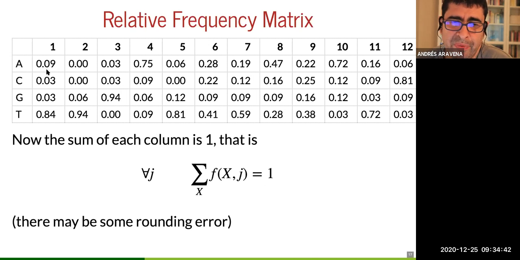If you do it manually, it may not work because you may have some rounding error. For example, here you have 84 plus 3 plus 3 is 90, and this is 99. There is some rounding error here in the presentation because I'm using a small number of decimals. But if you use all the decimals, you will find that every column totals 1.